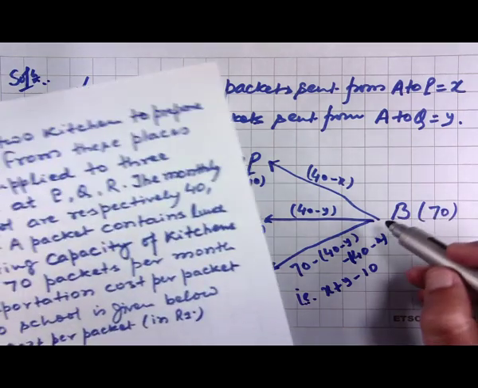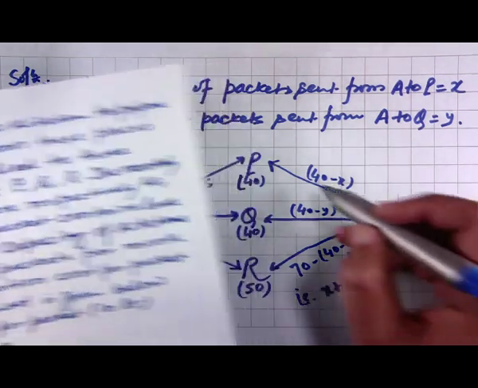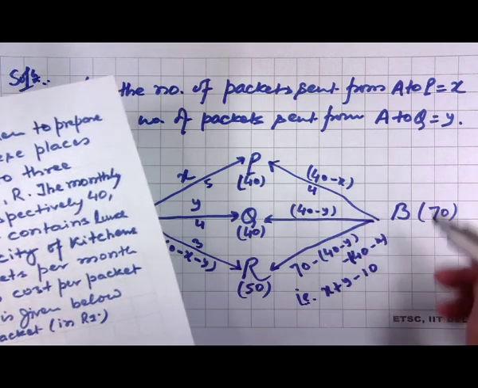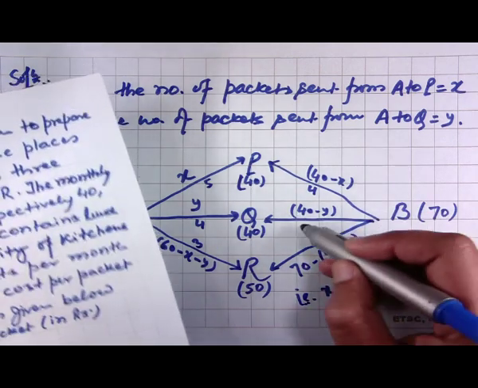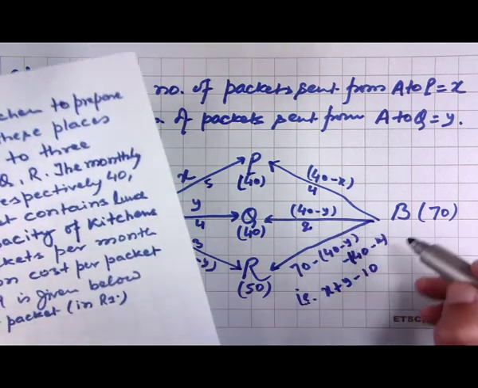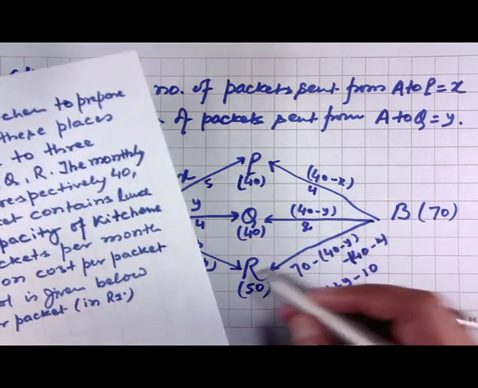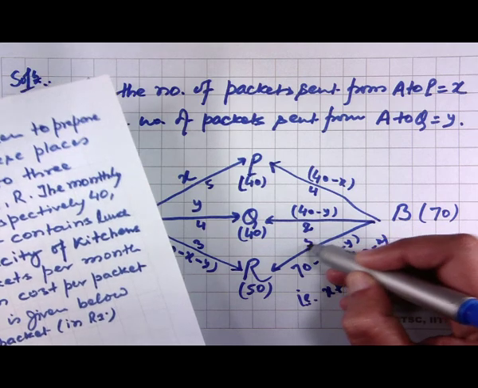From B to P is 4, from B to Q is 2, and from B to R is 5.